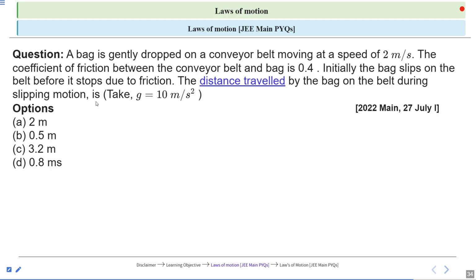So here you have to find the distance. Take g is equal to 10 meter per second square. The given options: option A 2 meter, option B 0.5 meter, option C 3.2 meter, option D 0.8 meter. Which option is correct? This question was asked in JEE Main 2022. Please solve this question. You have some time.